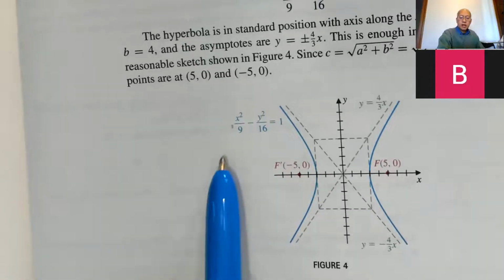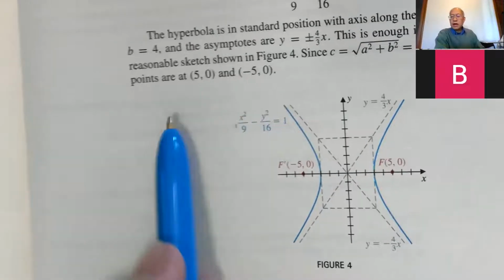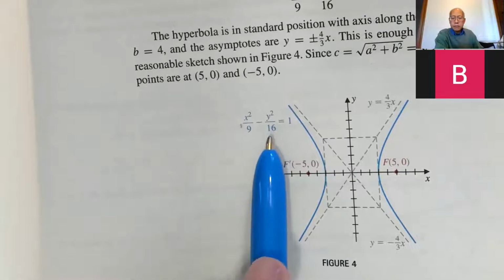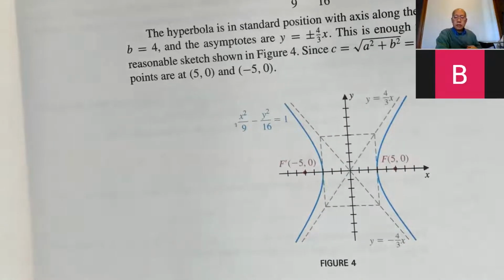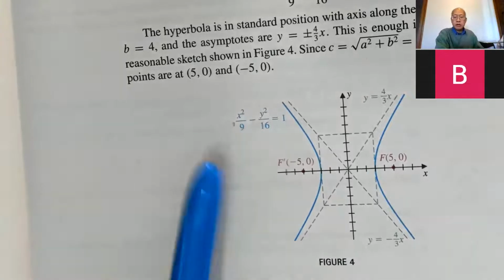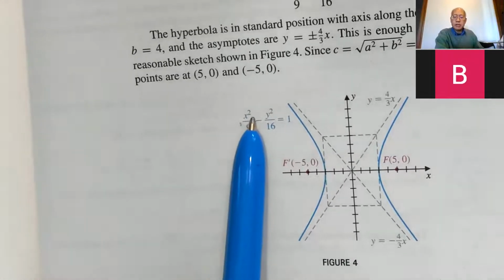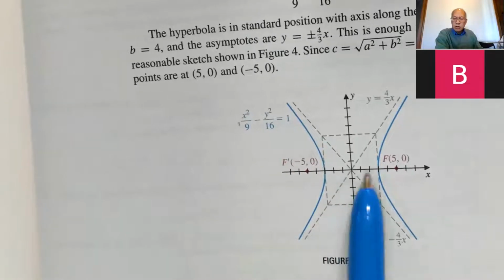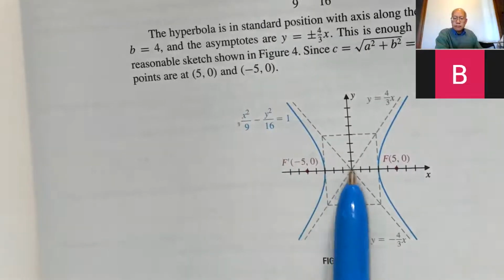Here's an example of a hyperbola: x squared over 9 minus y squared over 16 equals 1. Center at the origin. If it's not centered at the origin, it would be x minus something or y plus something. A is 3: 1, 2, 3. B is 4: 1, 2, 3, 4.